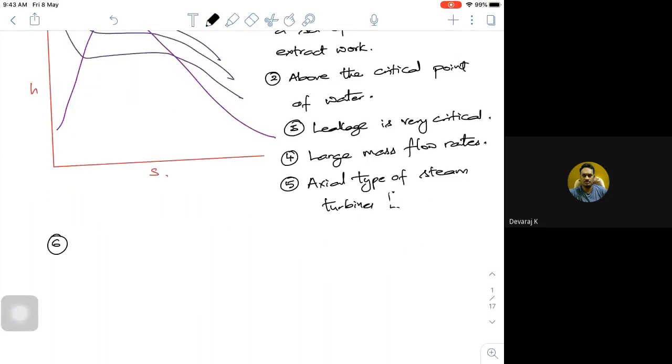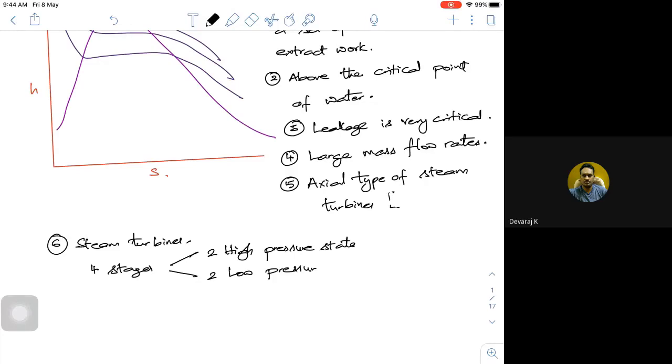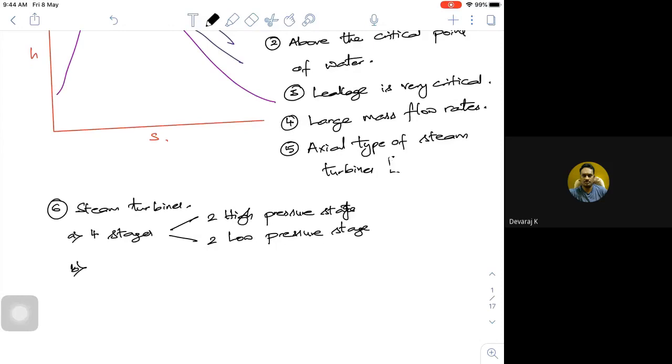In a steam turbine, if it has 4 stages, it will have 2 high pressure stages and 2 low pressure stages. If the construction is of 3 stages, we will be having 1 high pressure stage and 2 low pressure stages.